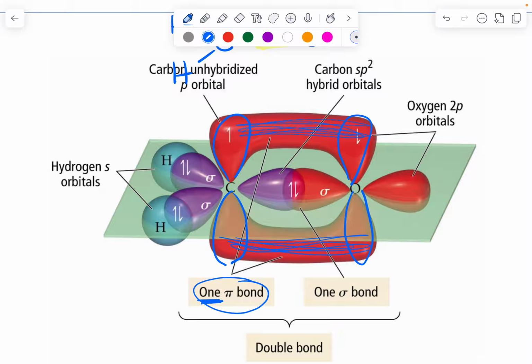So the sigma bond is the direct overlap here of hybridized orbitals. The pi bond is the interaction of unhybridized p orbitals, and it occurs above and below that sigma bond. So it's not in the exact same physical space.